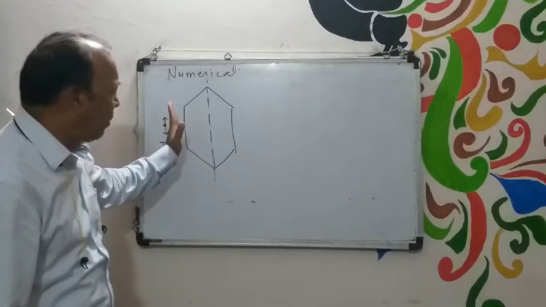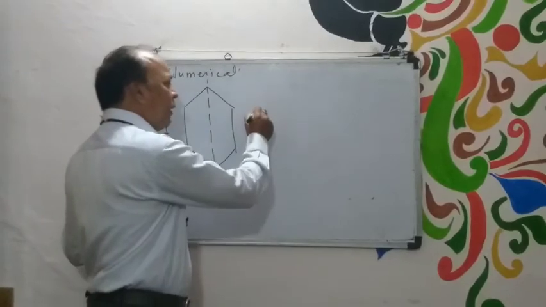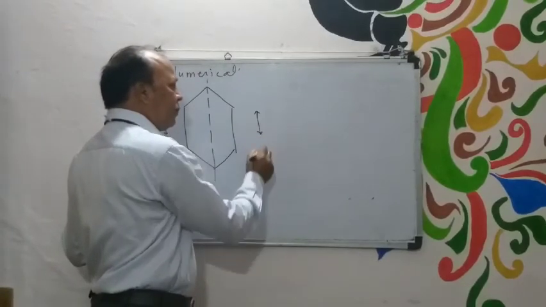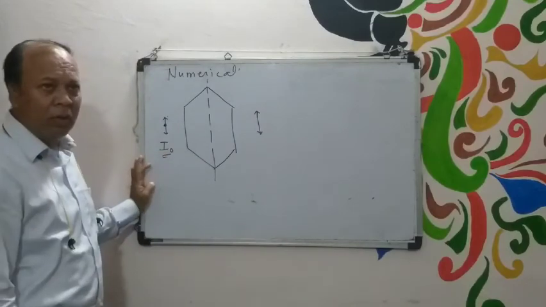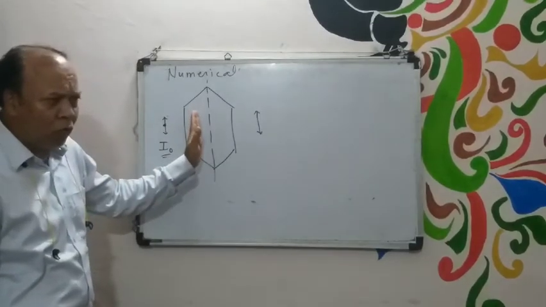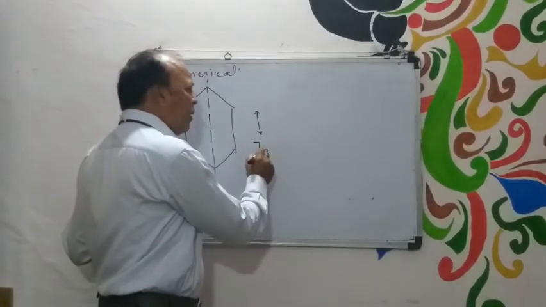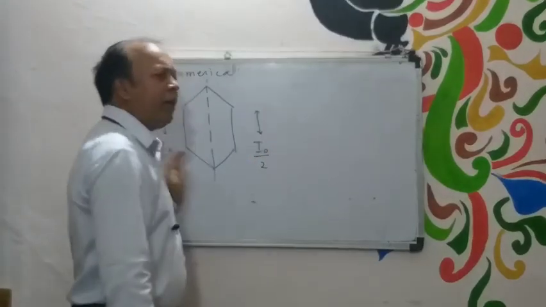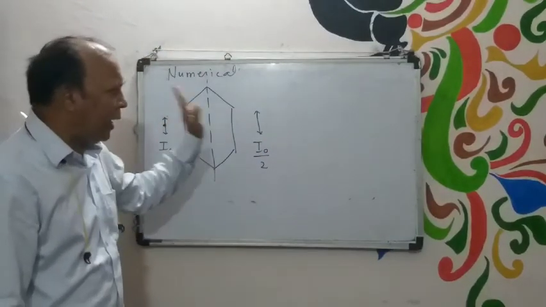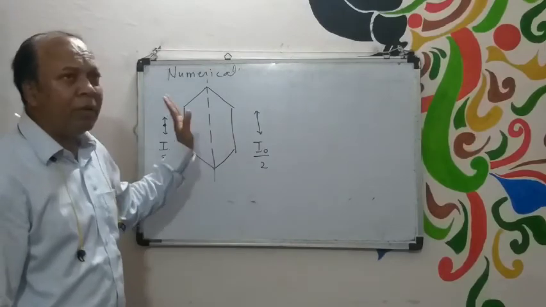When this light passes through this polarizer, we get polarized light. When unpolarized light is passed through a polarizer, its intensity will always become I0 by 2. We can also prove that if unpolarized light is polarized, the average value of intensity becomes half.